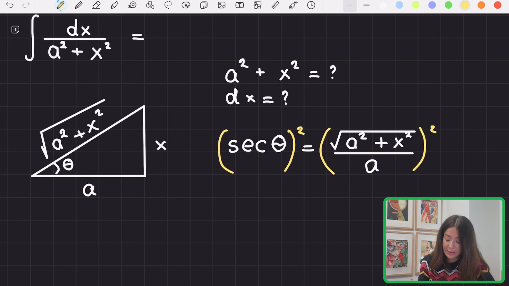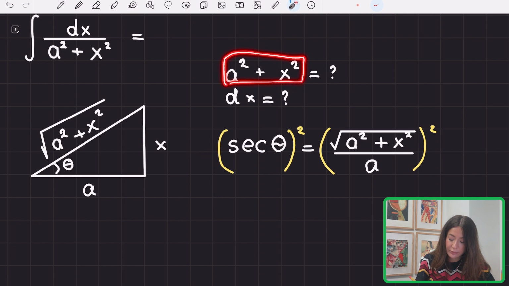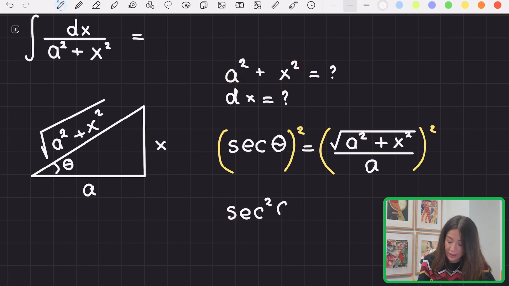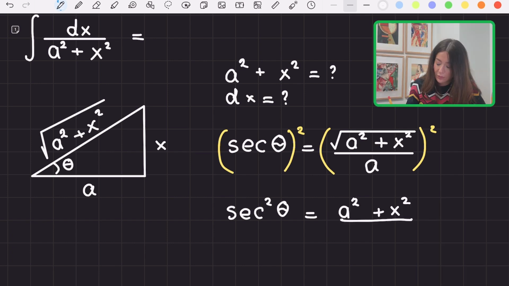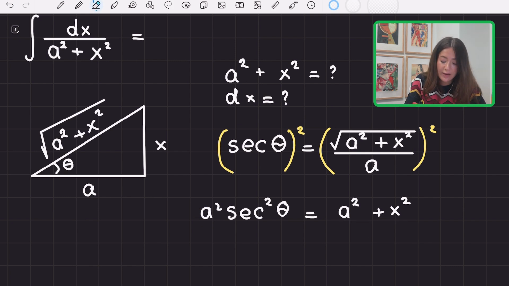So you get an expression for this exactly. So this is secant square theta on the left side and over a square. And now I can bring this a square here so that I have isolated a square plus x squared. So I have an expression for that.